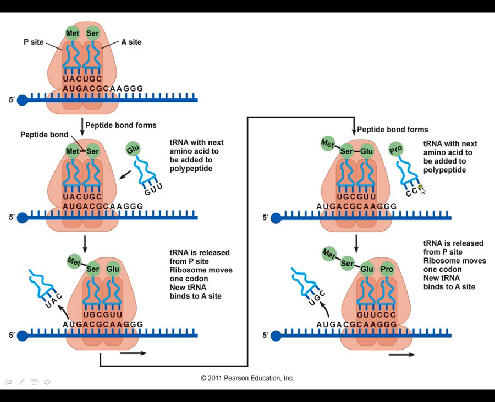Here's another tRNA molecule with an amino acid attached, and we see that the codons are complementary. So this tRNA will settle down on the mRNA, the ribosome will move over it, and create a peptide bond between these two. This process continues until the ribosome reaches a stop codon.